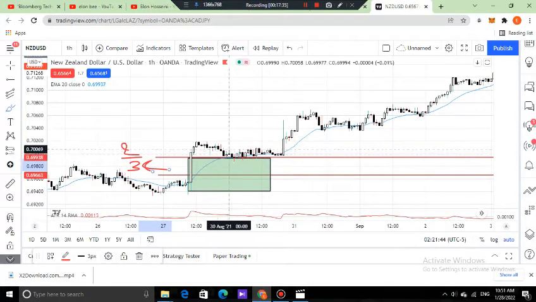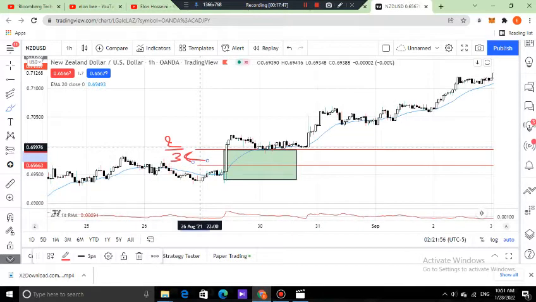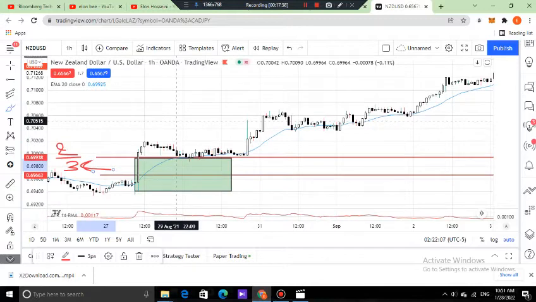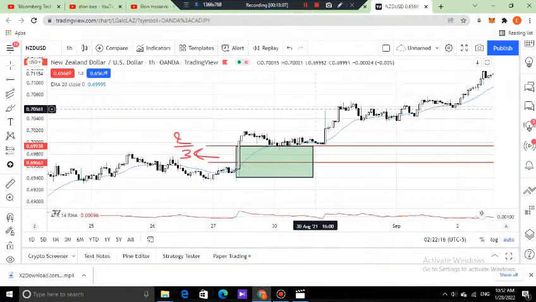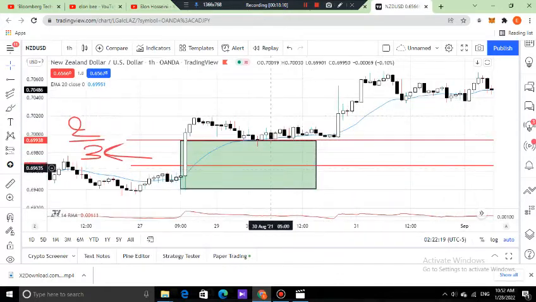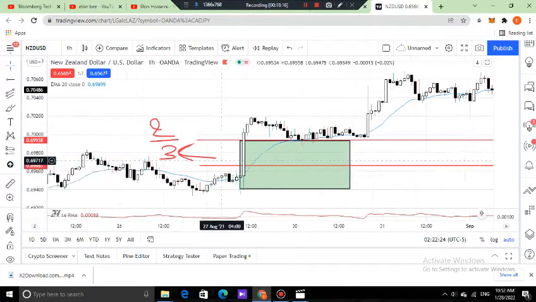As you can see, we have a pullback here. And why is that? Because in most cases we have a pullback to like 30%, which is 1/3, approximately 1/3, it's mathematics, 33 or so. But at some points we have a 50% pullback, which you can see somewhere in the middle of this box.